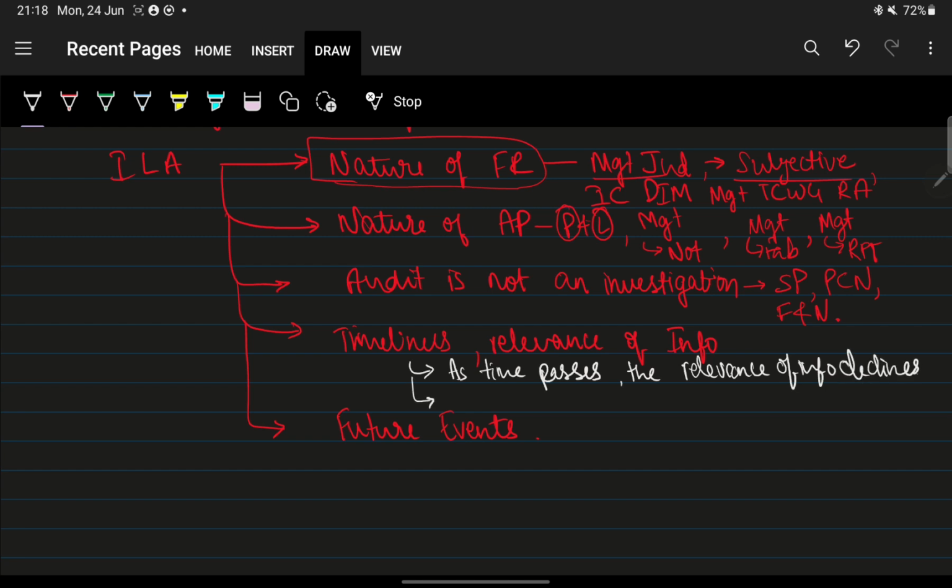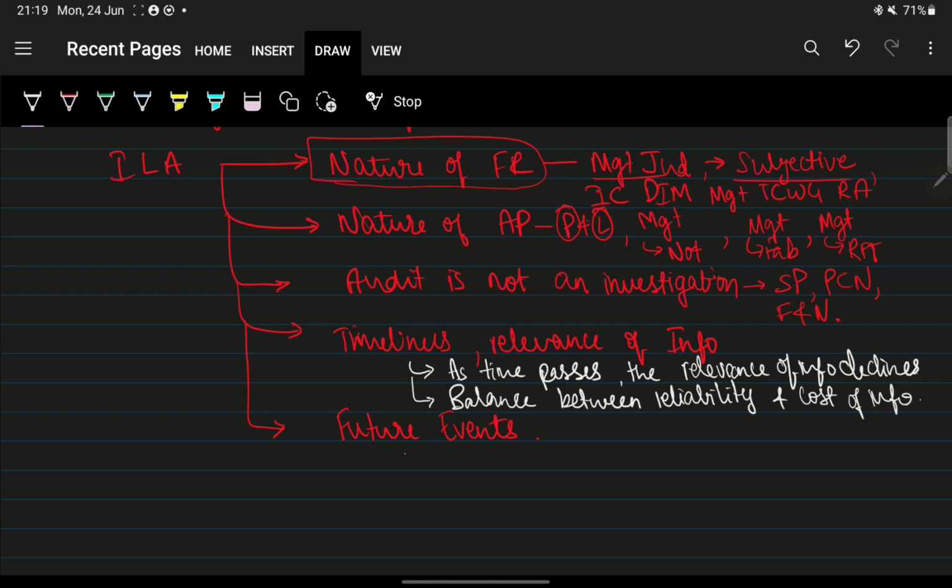And there needs to be a balance struck between reliability and cost of the information.